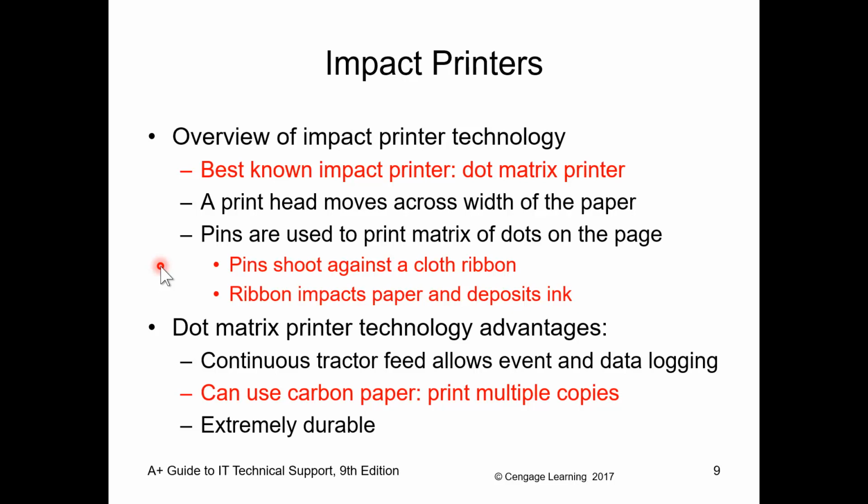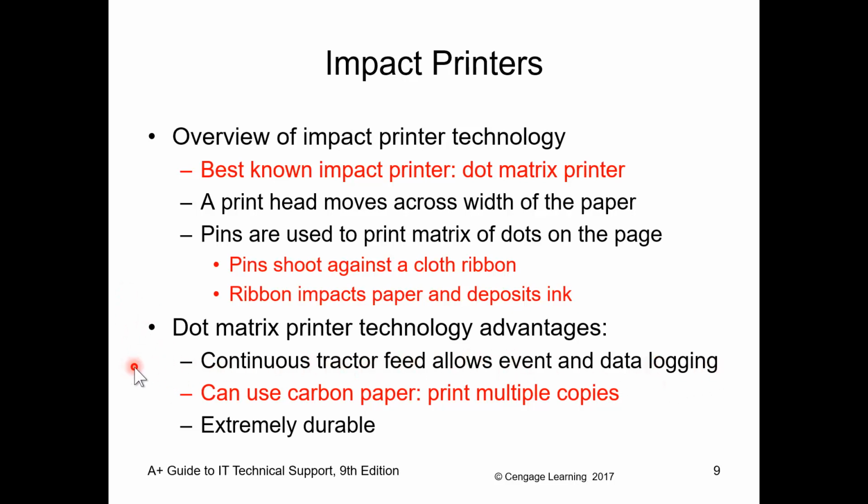So it's an impact printer. It pushes the pins against a cloth ribbon that has ink on it and puts the ink on the paper like a typewriter ribbon. And typically dot matrix printers use a tractor feed.